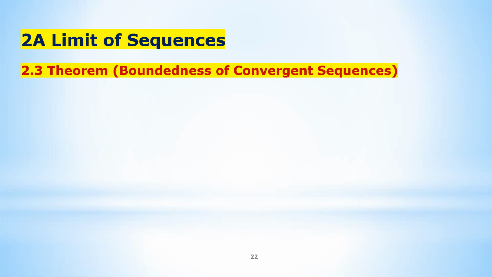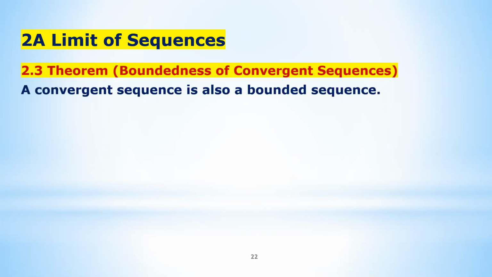The previous result tells us any convergent sequence can only have one limit. Now this theorem tells us any convergent sequence is also a bounded sequence. So what do we mean by a bounded sequence?